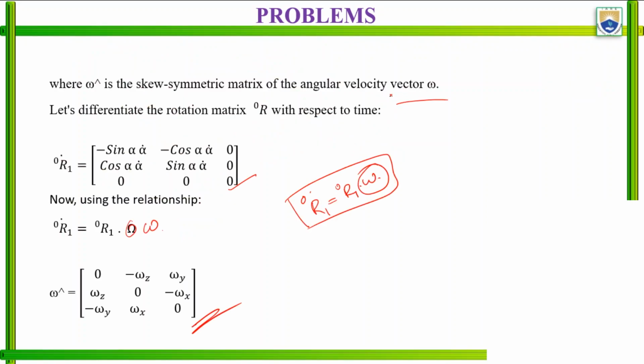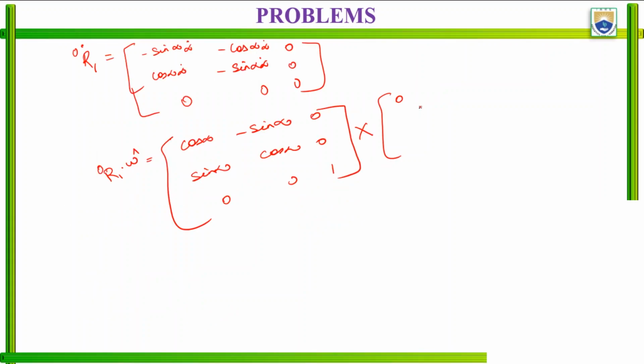What is the omega? 0, minus omega z, omega y; omega z, 0, minus omega x; minus omega y, omega x, 0.